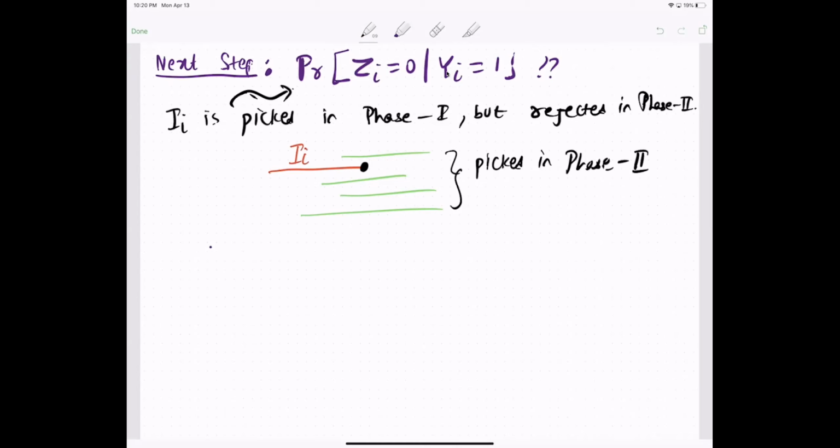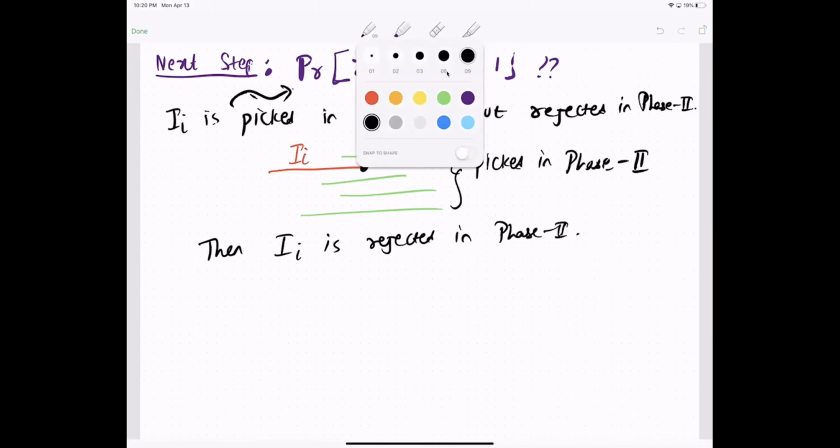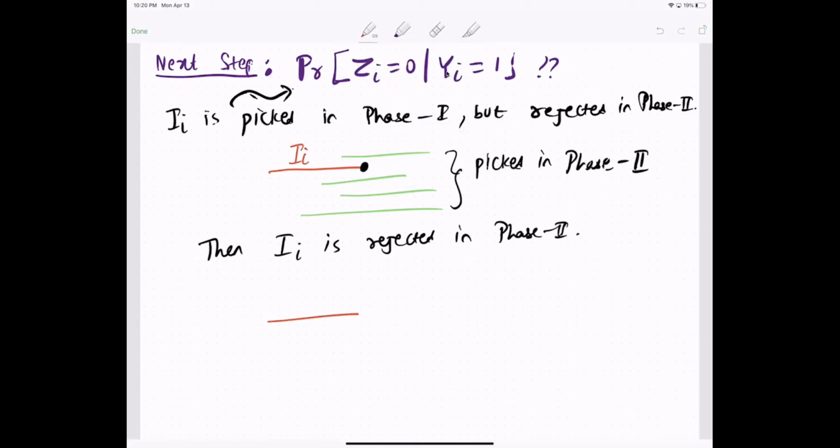So if that happens, then clearly Ii is rejected in phase 2.